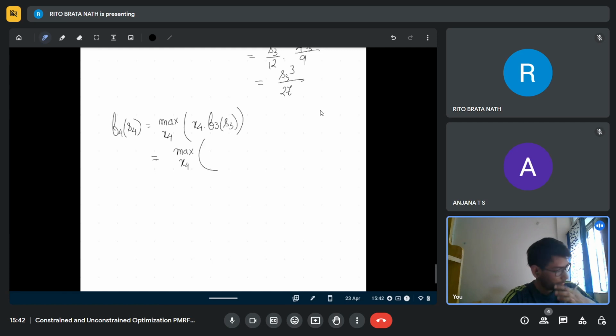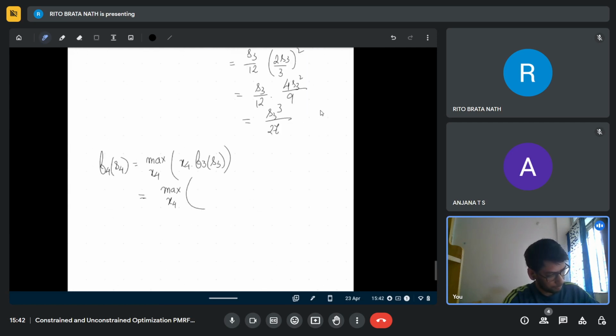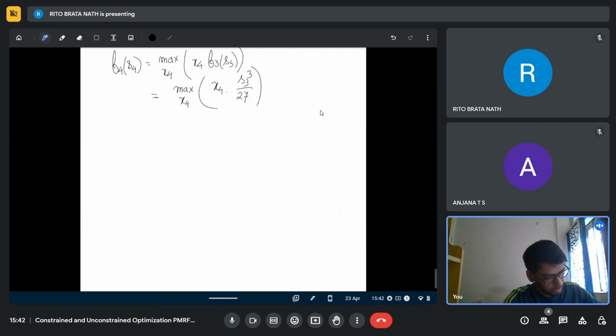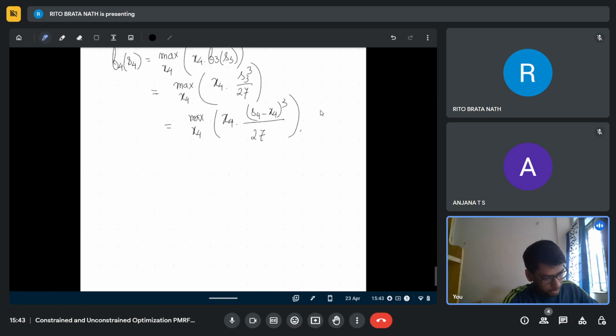As before, you can put that value, so s3 cubed by 27, and s3 is nothing but s4 minus x4. So from here again I have to differentiate it with respect to x4.